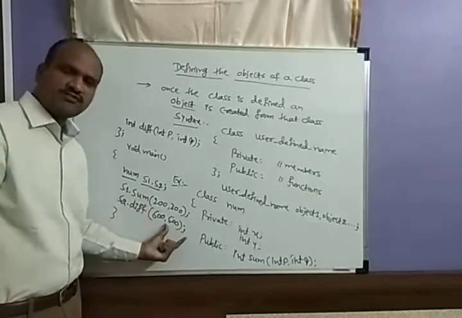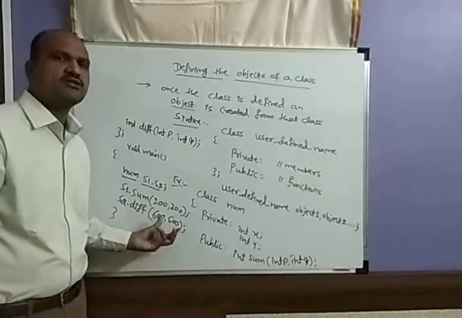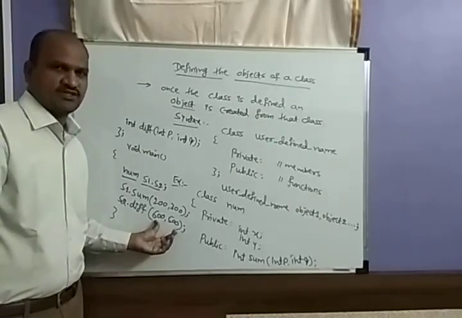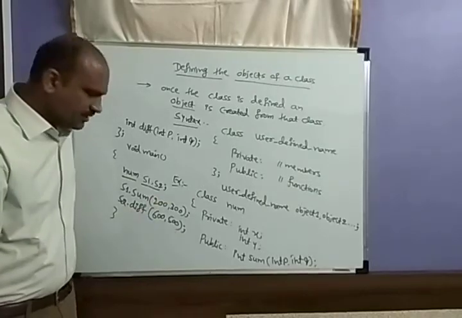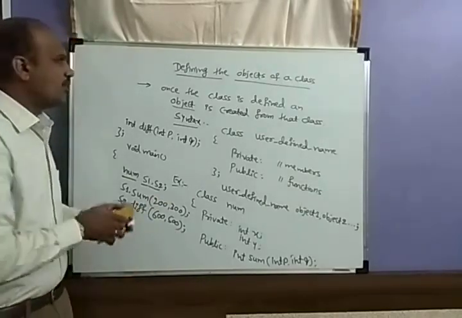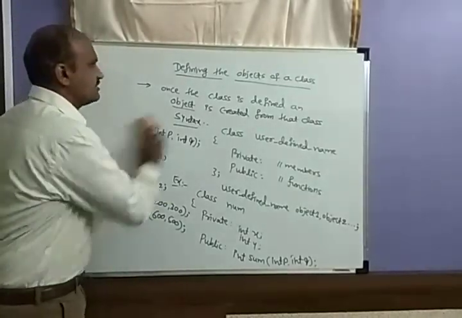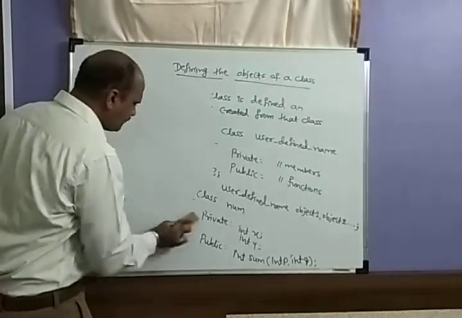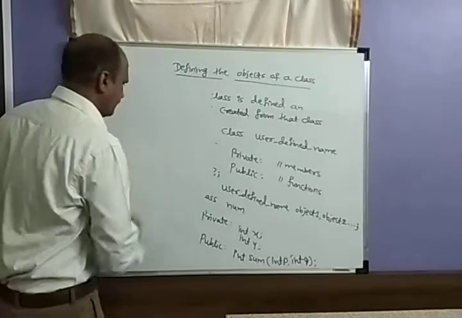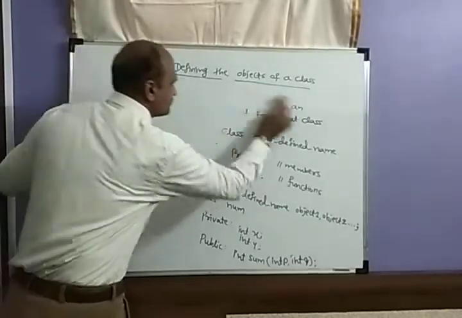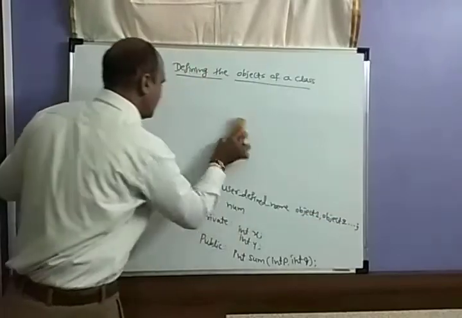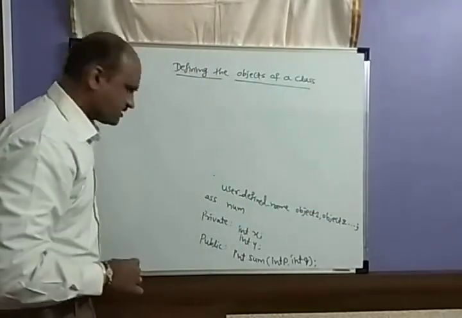If there are arguments you can pass them; if there are no arguments, just close the function. This is a simple example of exactly how you can create the objects of a class. If I take another example, you can create like this also, as I told you.